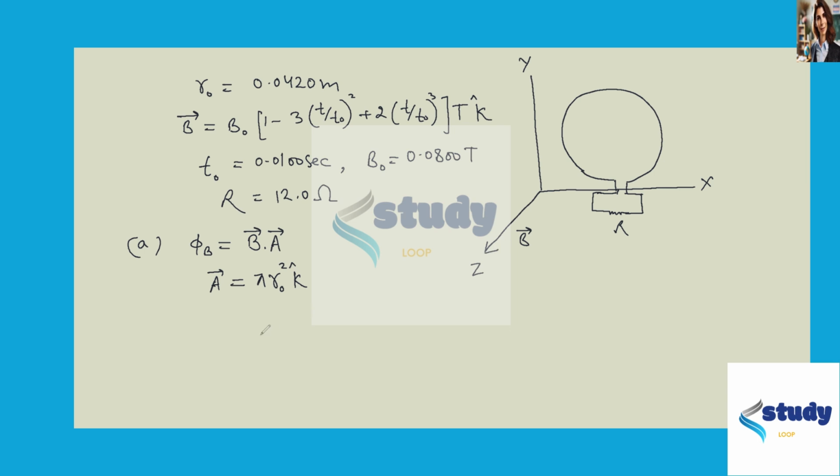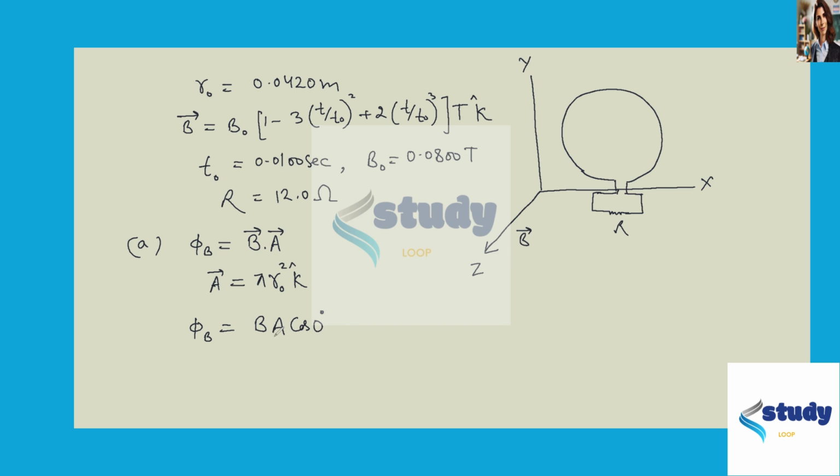So the expression for this flux will become B A cos 0 degree, as the magnetic field and area both are along positive z-axis, so the angle between them is 0 degree.